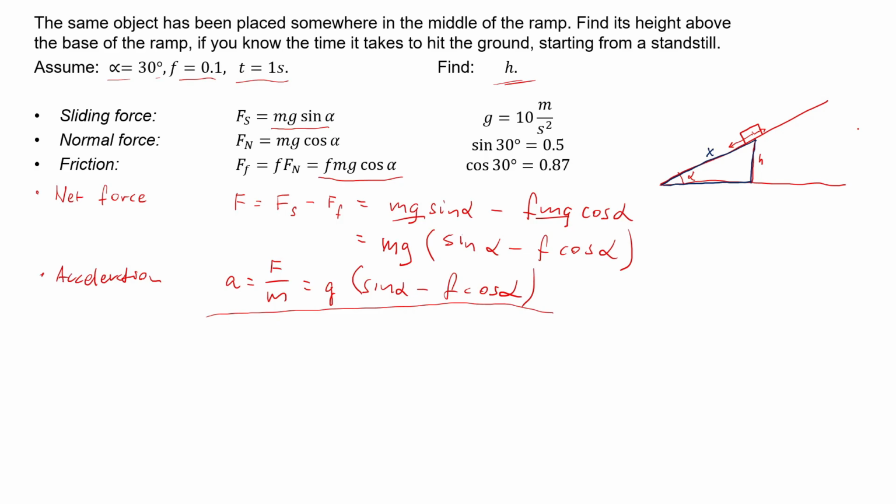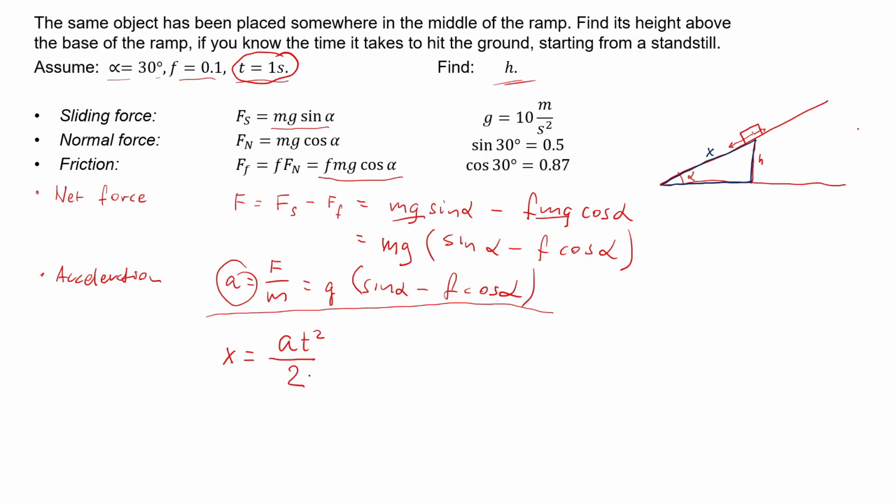So this distance traveled by our object, distance x, in the situation in which we already know acceleration and we know time, can be very easily found from this formula, which you should find in your formula sheets, or you should just remember.